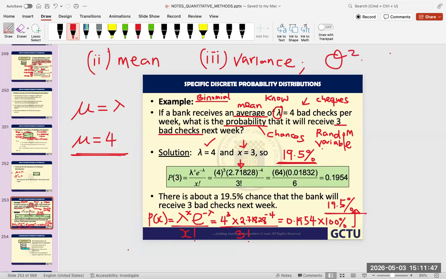Variance is the same lambda. So therefore, our spread will also be 4 next week. So this is how to use the Poisson probability distribution formula.